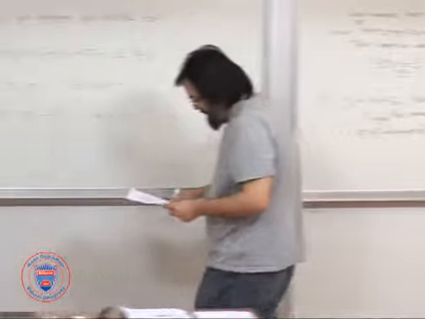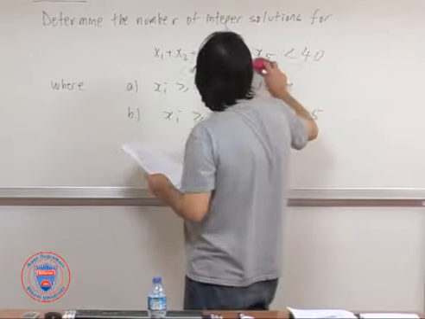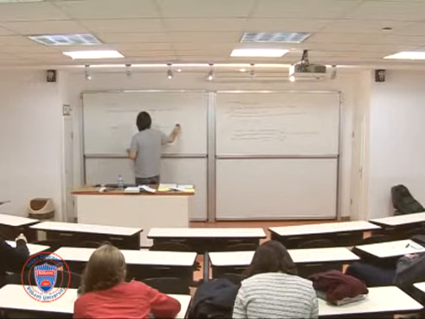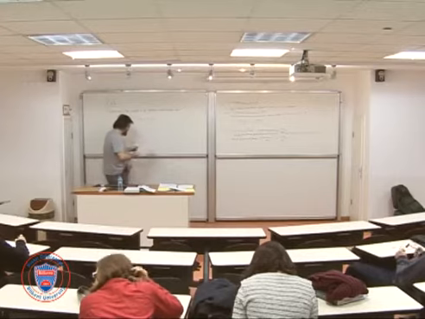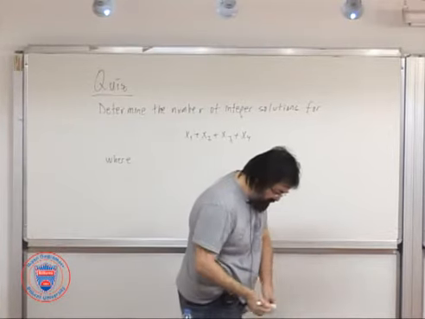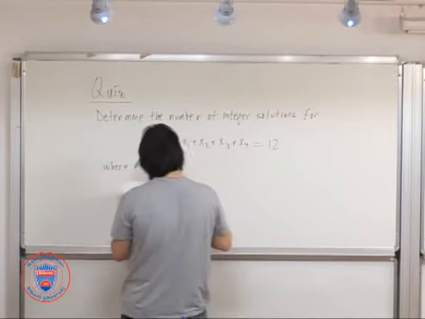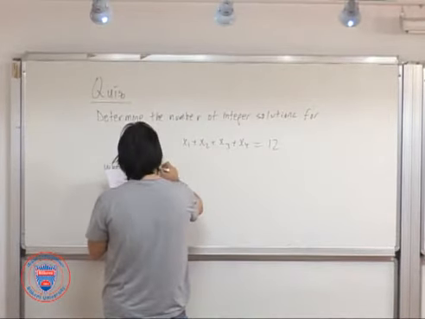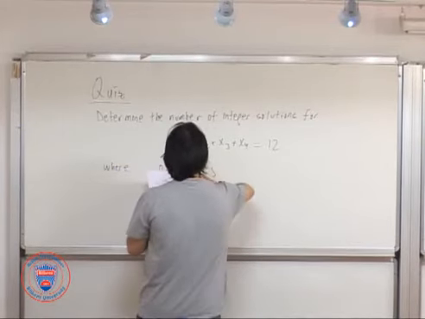Okay, so one of the questions I have in the exam is a variation of this question, so maybe we can start with this. It says, what are the integer solutions to this, where xi is in this range?